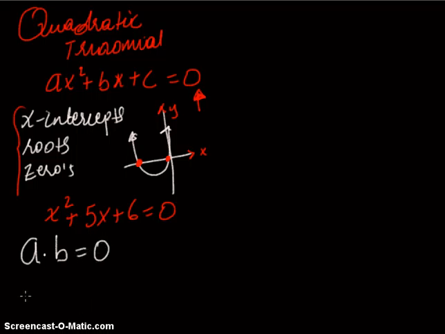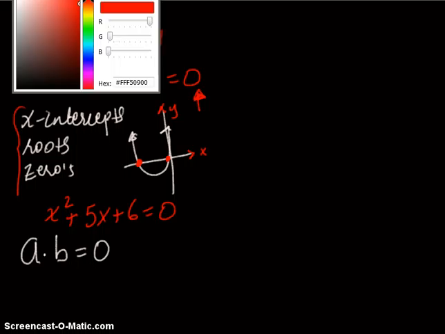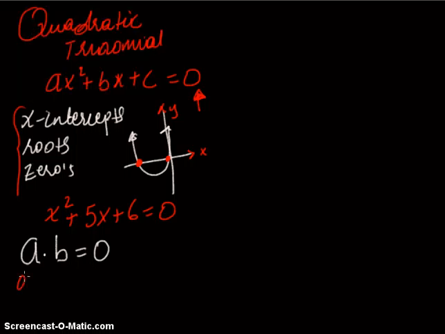Now in order to make this equation true, either of the two must be 0, meaning that either a must be 0 or b must be 0, or both of them can be 0. So any of these three scenarios give us a true statement. So when we multiply two things and end up with 0, then either of the two things must be 0 or both of them must be 0.